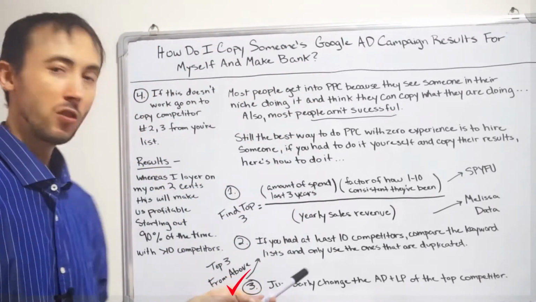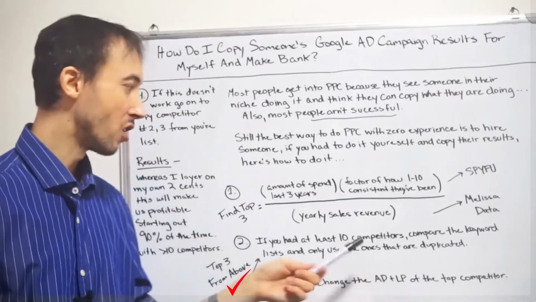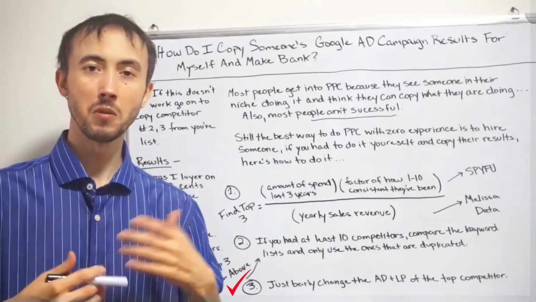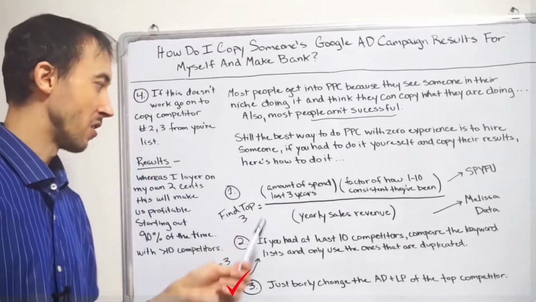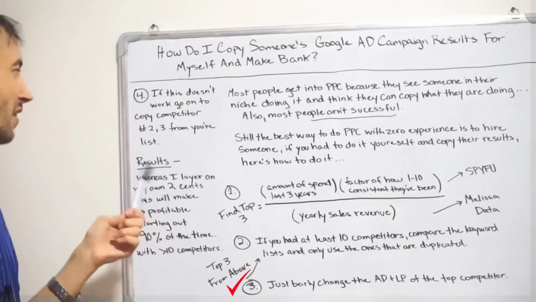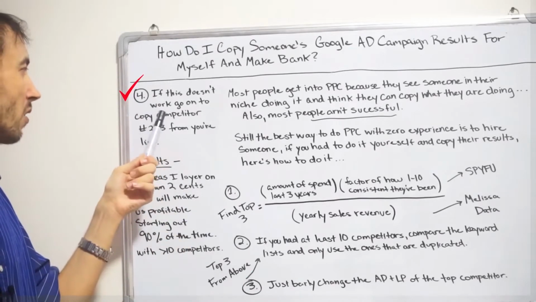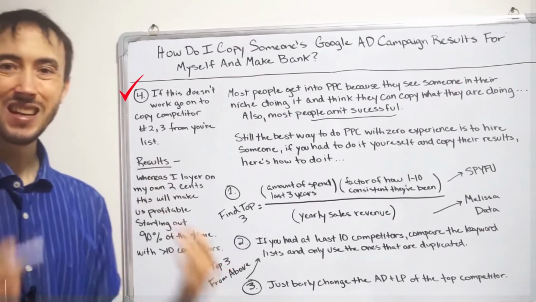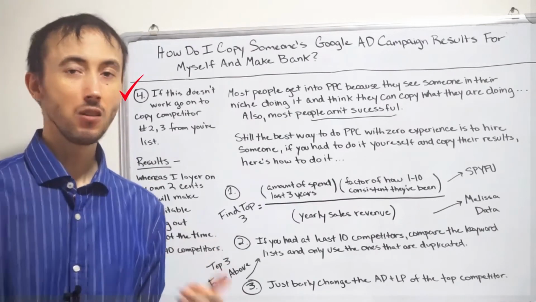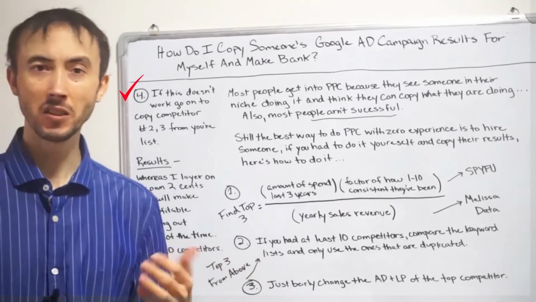So anyway, you're going to copy that top guy's ad and landing page as closely as possible. You're going to use the keywords that are most similar from the top 3 competitors that you develop from this formula. Then the last step: we're pretty much done here. If this doesn't work for you right away, in 90 days, if you run these ads, start with a low budget, like $1,000 a month or $500 a month.